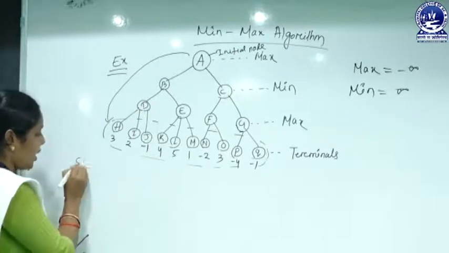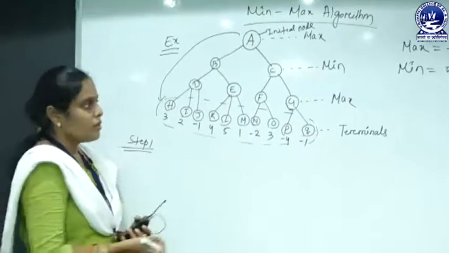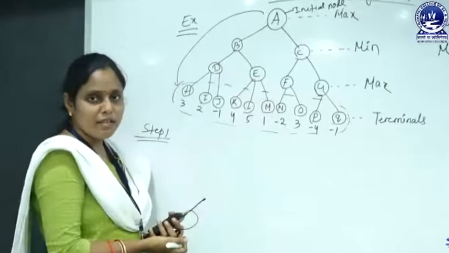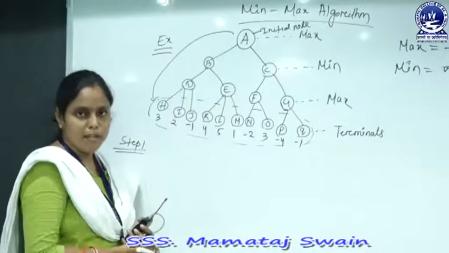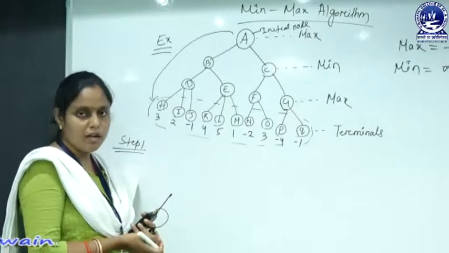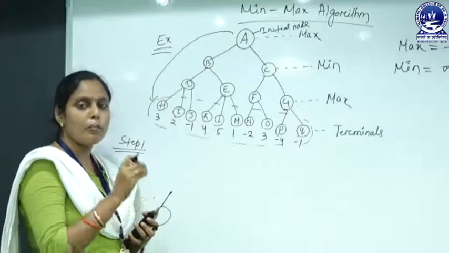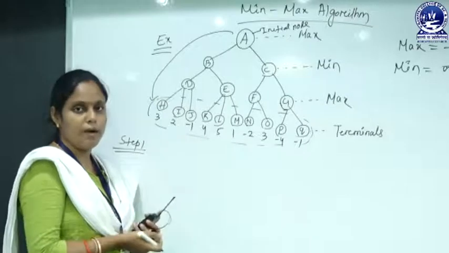In step 1, here the first turn is the maximizer. That means we calculate the utility value for the maximizer. For calculating the utility value for the maximizer, first of all we have to compare the initial value of the maximizer with the terminal value.